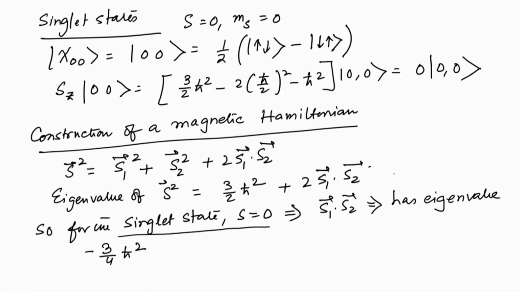If you put the right hand side equal to 0, the S1 dot S2 will have an eigenvalue which is minus half of 3 by 2 h cross square, which is minus 3 by 4 h cross square.